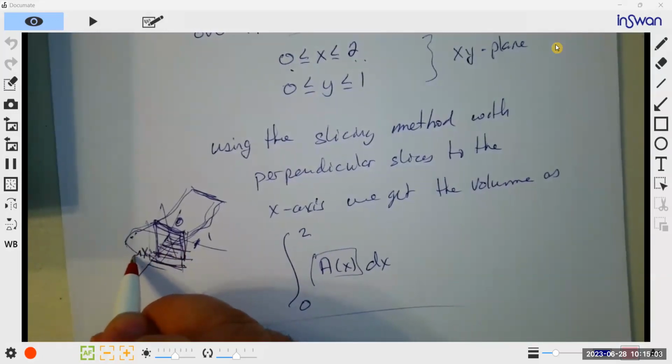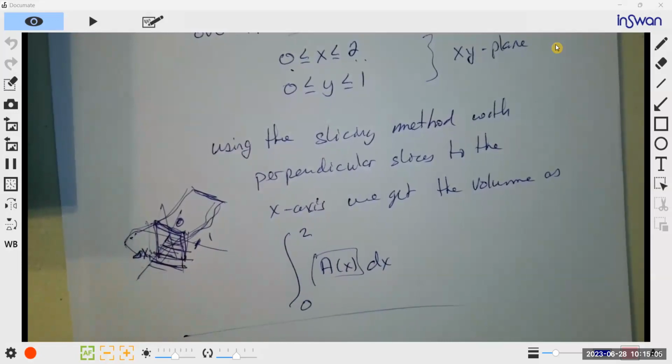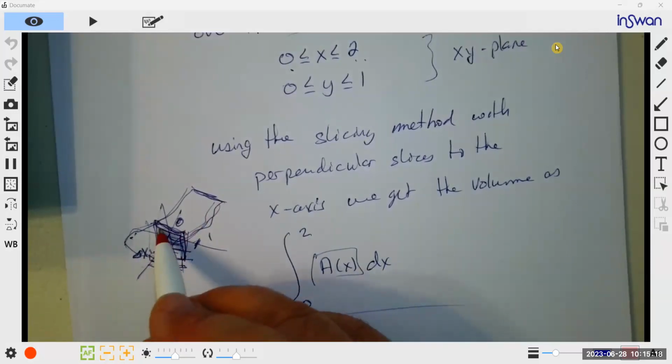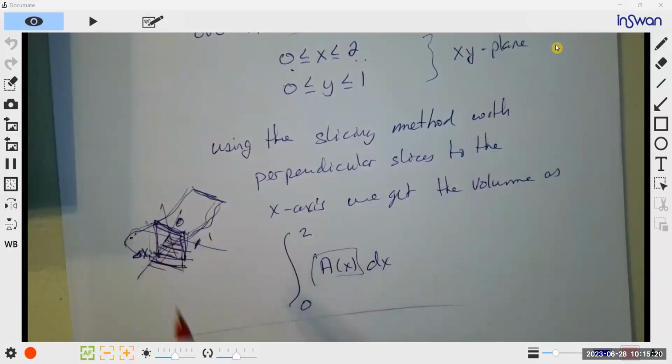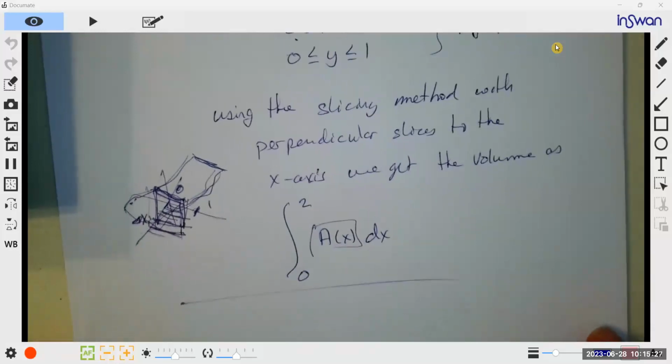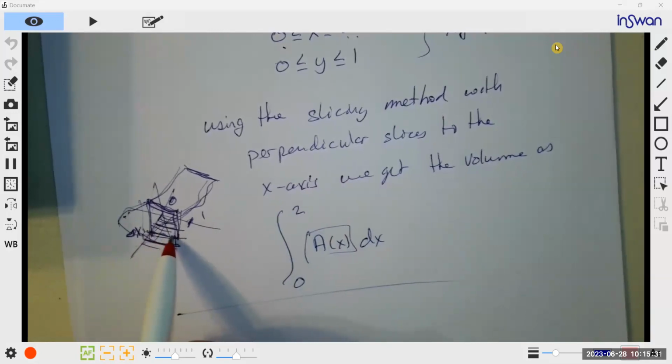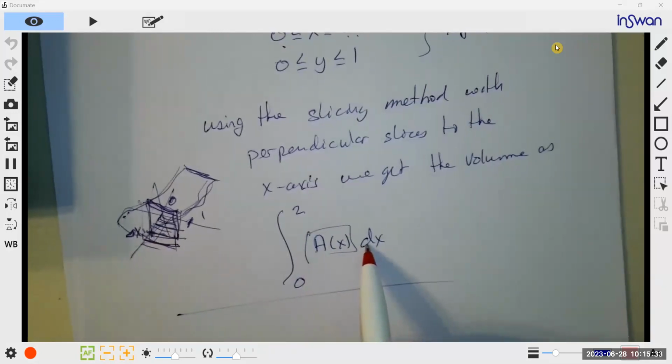So it's 0 to 1 wide and f of x high, but we have this many of them. So our delta x is going to be how wide our rectangles are going to be. Because remember, we're looking for the volume. So we have to find the area under the curve first of each of these rectangles and then add them all up. That'll give us the volume. Okay, so since we're perpendicular to the x-axis, we have this formula.